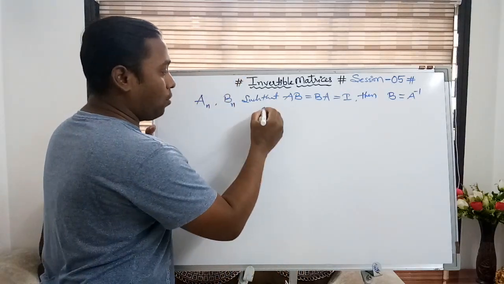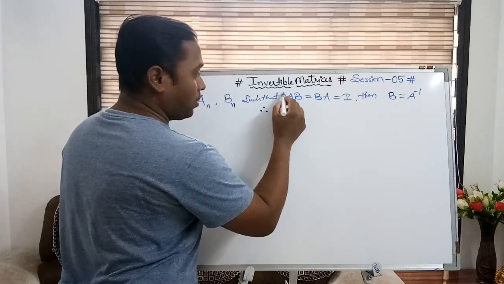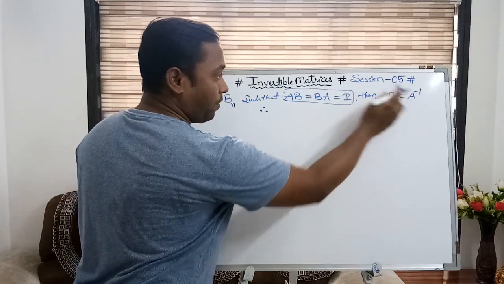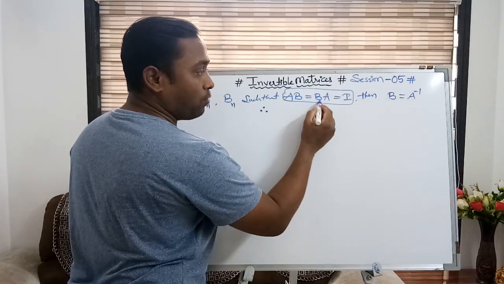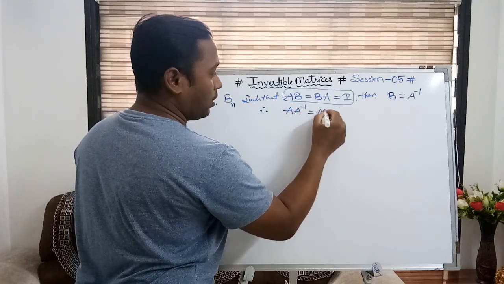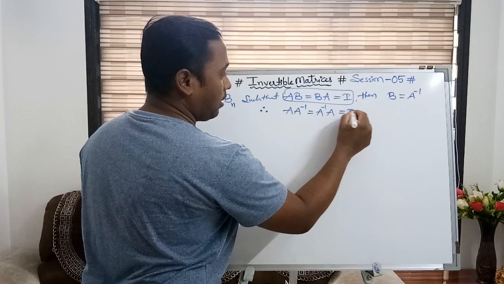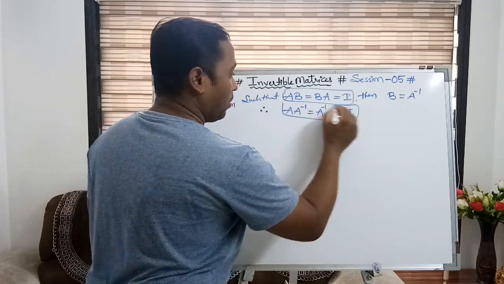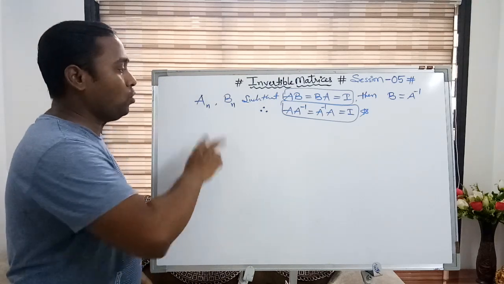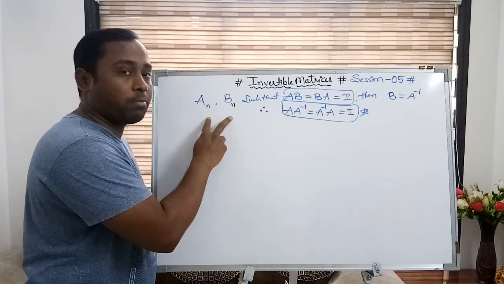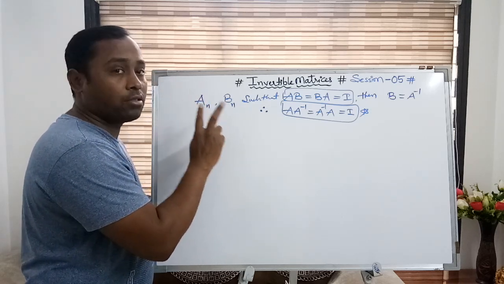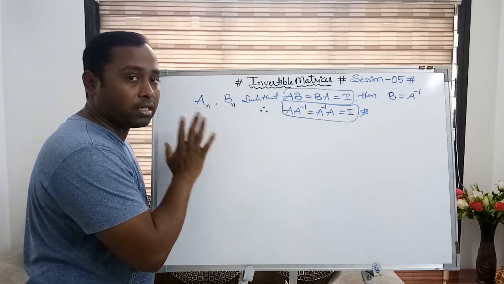Fine. So I can write the same statement: because B is the inverse of A, B can be replaced with A inverse. Therefore, A into A inverse is equal to A inverse into A is equal to I. By definition, I repeat, if there exist two square matrices of the same order, remember these two are square matrices, because invertible matrices are only possible for square matrices.